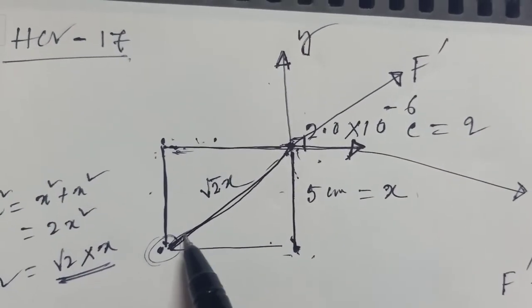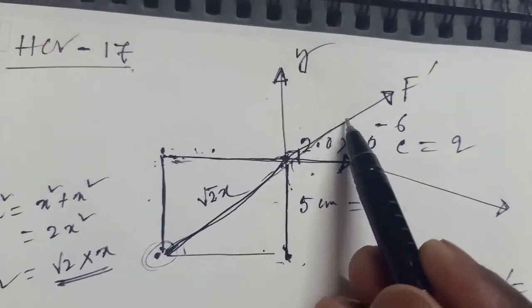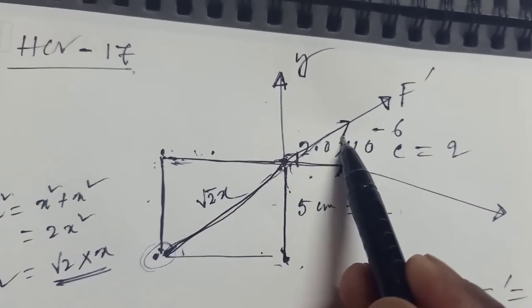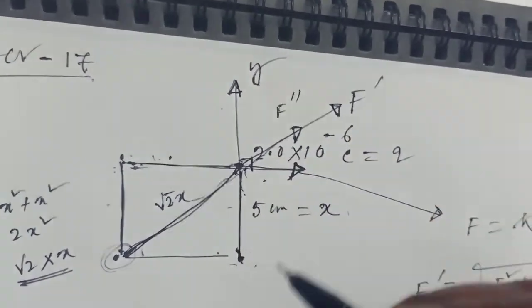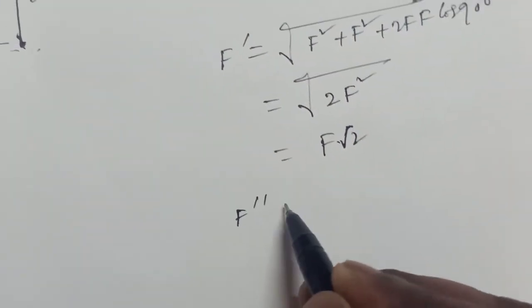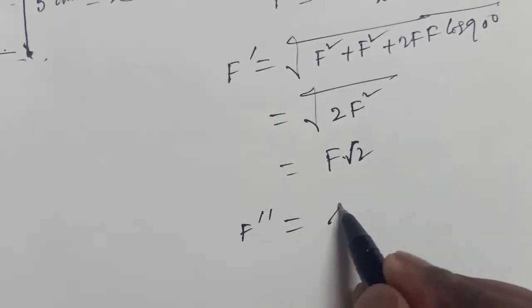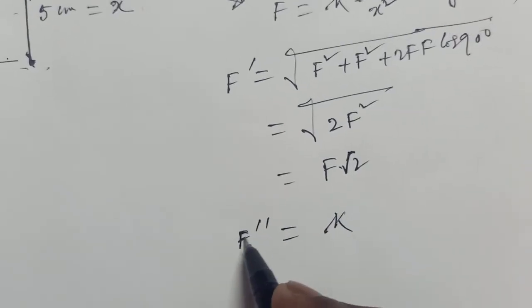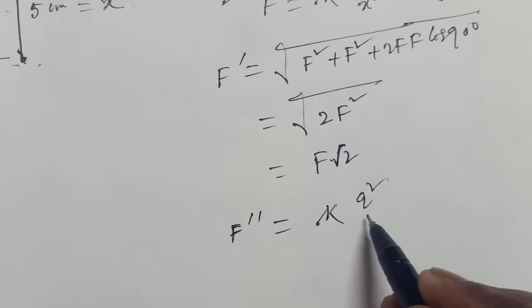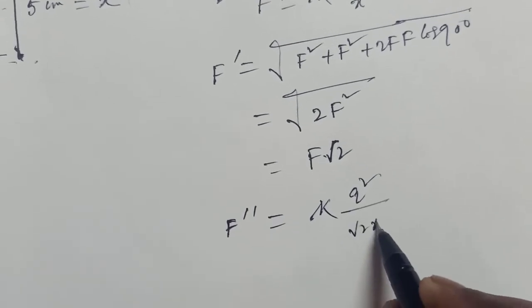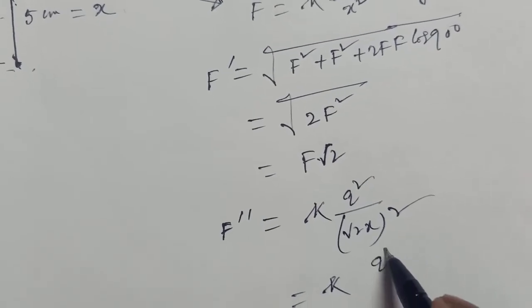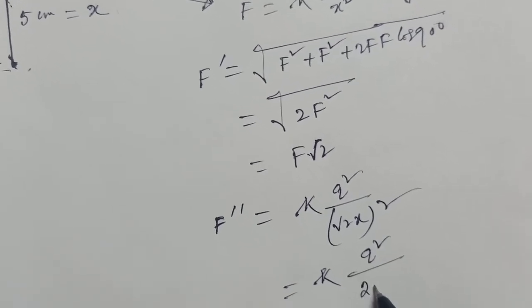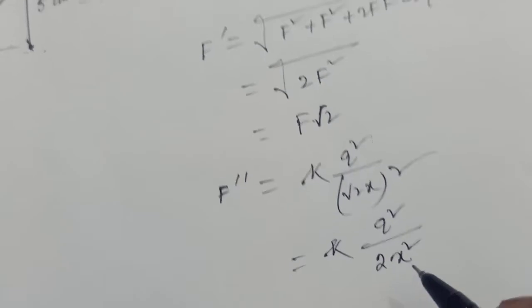This charge also exerts a force along this direction, and if this force is F double dash, then F double dash equals k q into q, that is q square by root 2 x whole square, so q square by 2 x square.